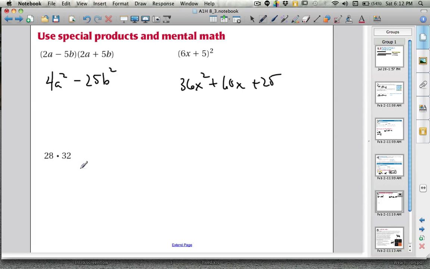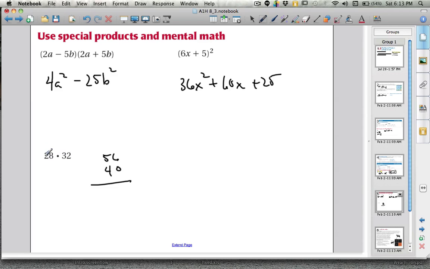If we look at this, I'm doing a little mental math. I can take 2 times 28, which is 56, and 30 times 28. So 3 times 8 is 24. I'm leaving a space because I'm multiplying by 30, not by 3.